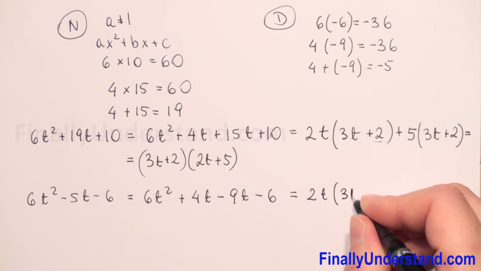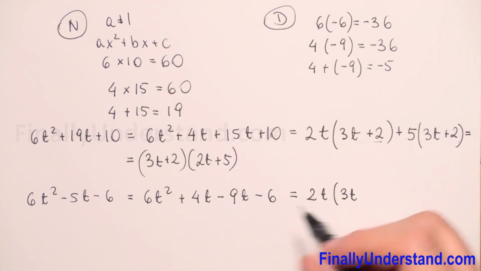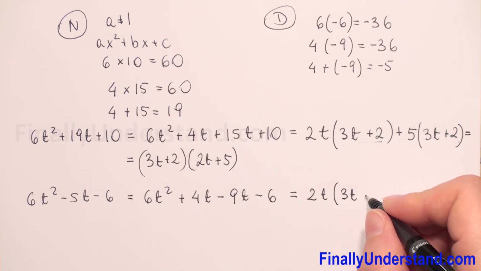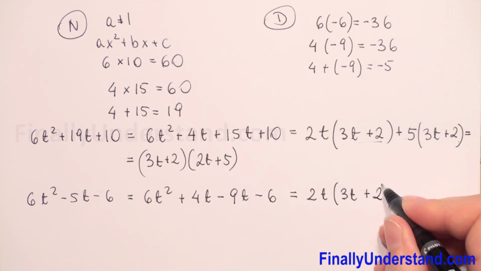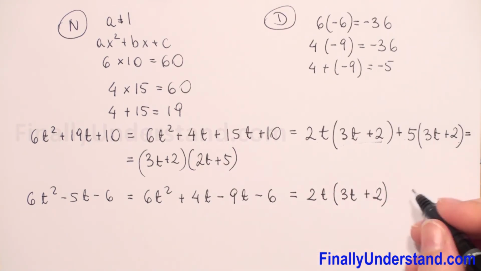By 3t. 2t times 3t is 6t squared, exactly the same as at the beginning. And next we have plus 4t. By what do I have to multiply 2t to get 4t? By 2. 2 times 2t is 4t.